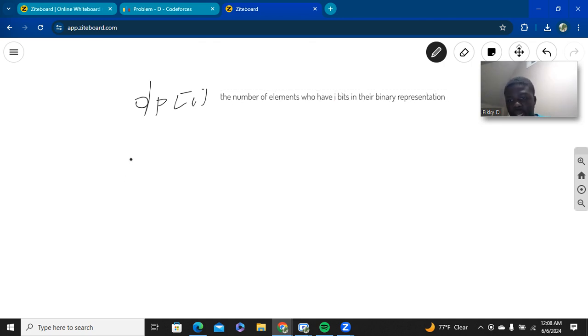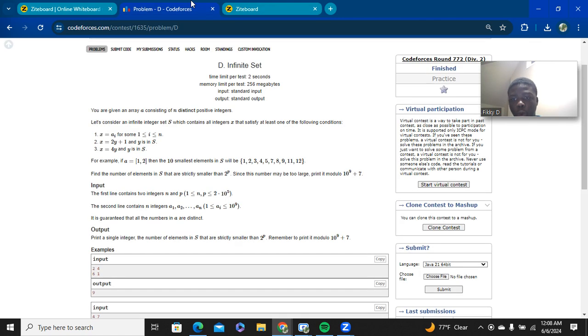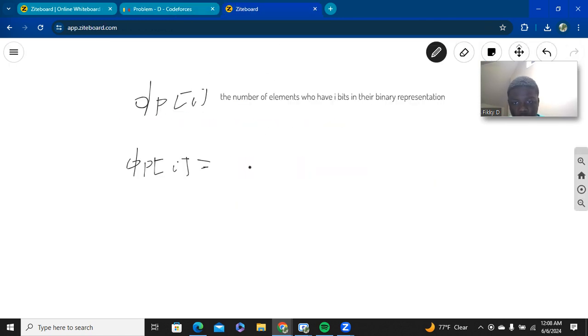With the base case being 0, which is obviously just 0, it's very easy to transition. Either I come from an element that is i minus 1 bits long and slap a 1 onto it using operation 2, which is dp of i minus 1, or I use operation 3 and look at all the elements that are i minus 2 long and slap two zeros at the end, or I use operation 1, which is finding all the elements in the set that have i bits in their binary representation.